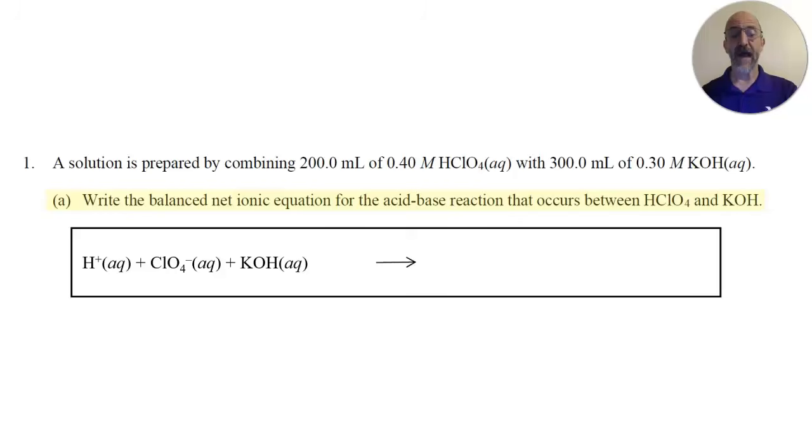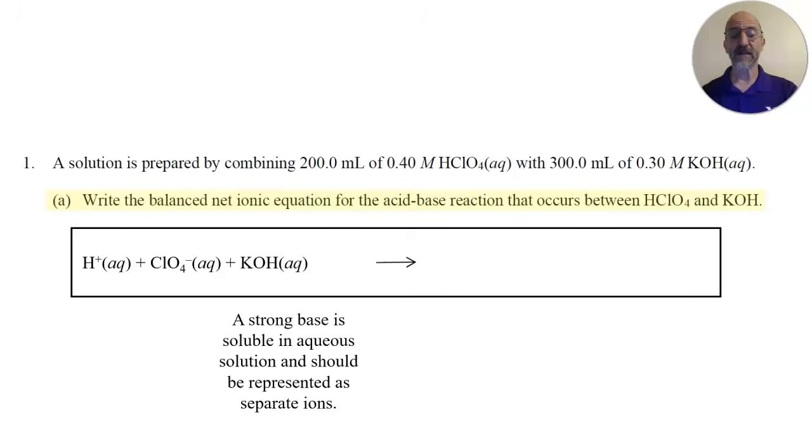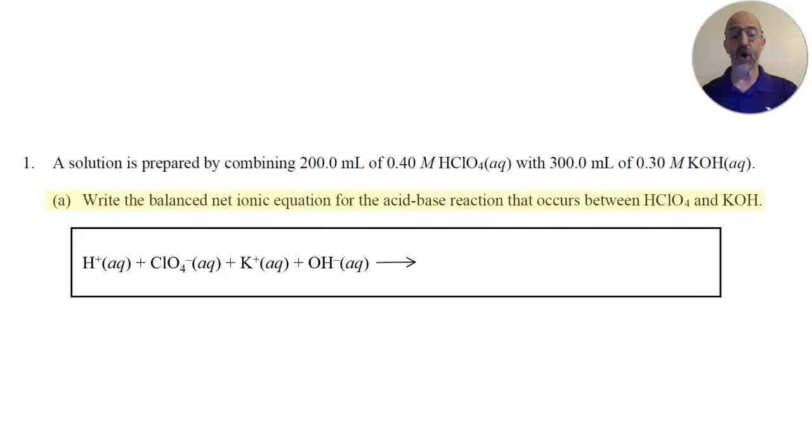Instead of writing it as KOH, because a strong base is soluble in aqueous solution and would be split up into potassium ions and hydroxide ions, I will write that as K+ and OH-. Now, the H+ from the strong acid reacts with the OH- from the strong base to produce water. And then what about the rest of the ions? Well, that would be potassium and perchlorate.